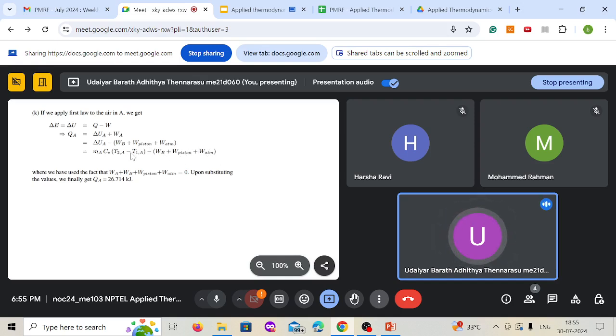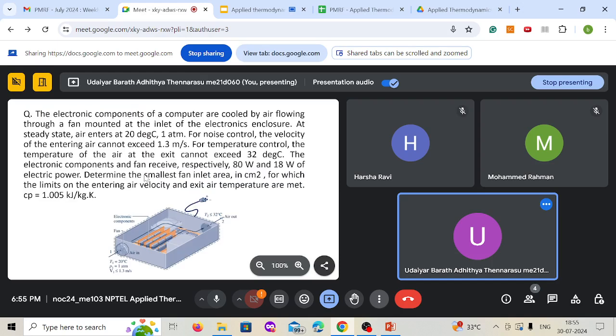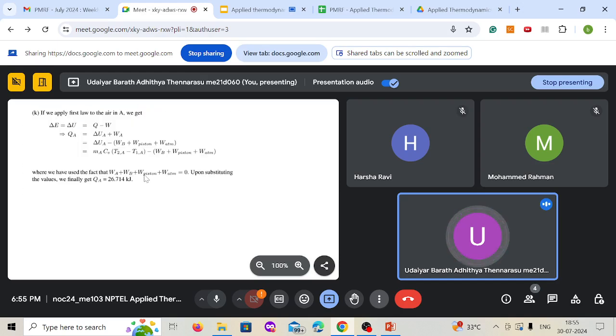Substituting that and the temperatures, we will get QA as 26.714 kilojoules. So this is the amount of heat which we have supplied. Any doubts?